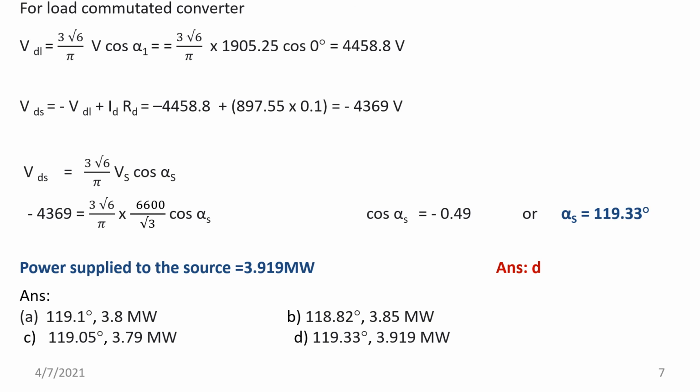So now I have calculated the answers: power supplied to the source is 3.919 megawatt and alpha S firing angle is 119.33 degree. So I have to check with the 4 options given. Here option D, 119.33 degree and 3.919 megawatt, is the correct one. So the MCQ answer for this problem is answer D. Thank you very much.